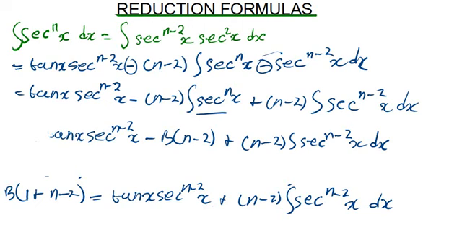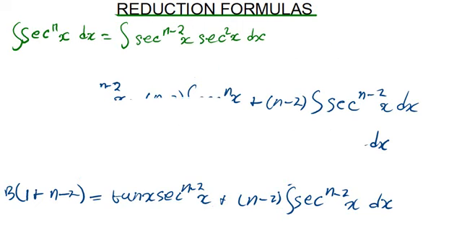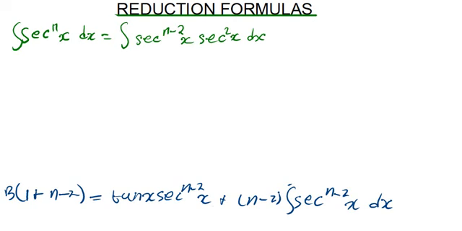Alright, we are almost reaching the final stage, because here we just have to divide, because we are making B the subject of the formula, since B is what we are really looking for. So when you look at what we have here, this is simply B(n-1), where B is the integral of sec^n x dx.